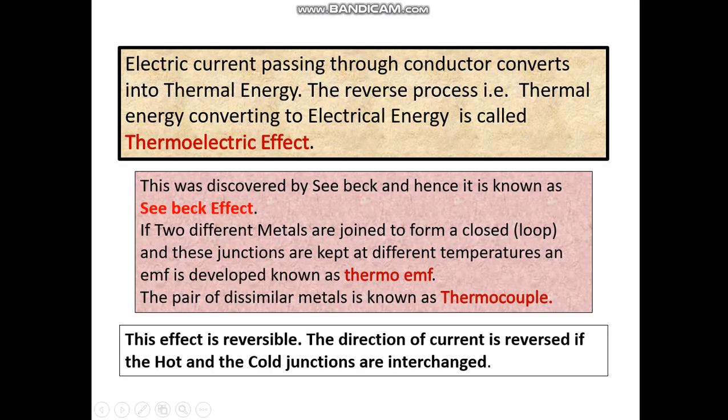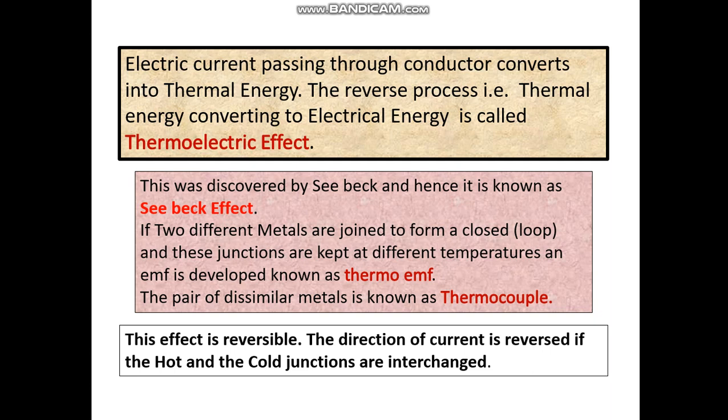Electric current, we know, when it passes through a conductor, gets heated up. Therefore, it gets converted to thermal energy. The reverse process, that is thermal energy converting to electrical energy, is called the thermoelectric effect. This was discovered by Seebeck and hence it is known as the Seebeck effect.